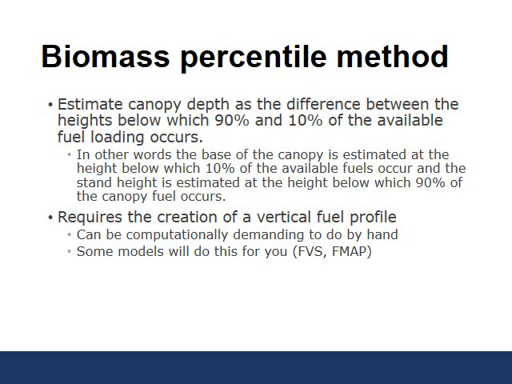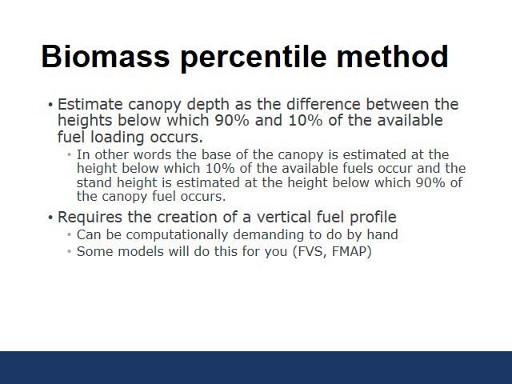The final method we will cover is the biomass percentile method. In this method, the depth is estimated as the difference between the heights that 90% and 10% of the canopy biomass occurs. This method requires the user to create a canopy fuel profile. This process can be computationally complex depending upon your assumptions.